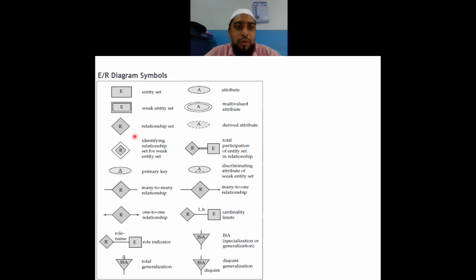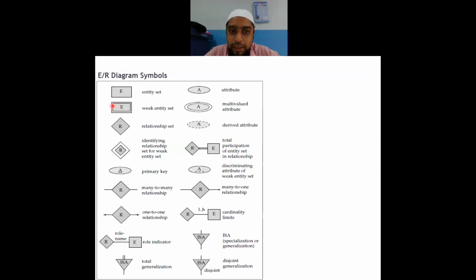Clear? Now, when we have a normal relationship, it is using a normal rhombus. If it is an identity relationship, a relationship between a weak and a strong entity set, do remember a weak entity set is represented using, as I said earlier, a dashed rectangle, right? It is also represented using a double rectangle.